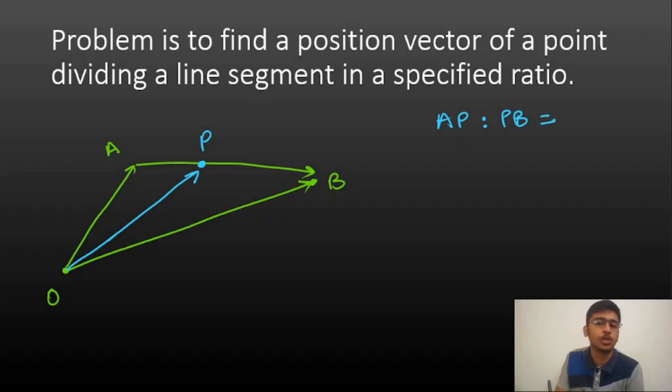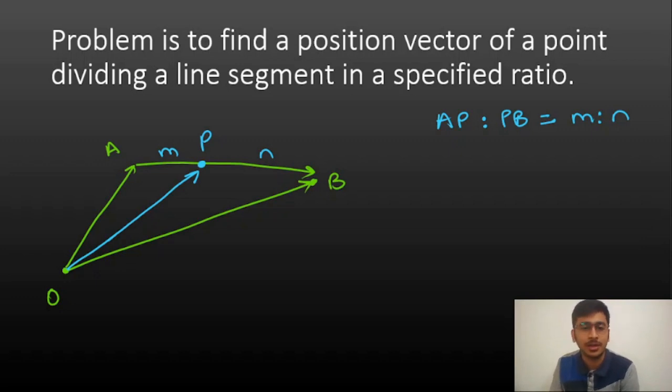Let's say that ratio is M is to N. AP is M and PB is N. Okay, AP and PB, these two are line vectors which are collinear, isn't it?